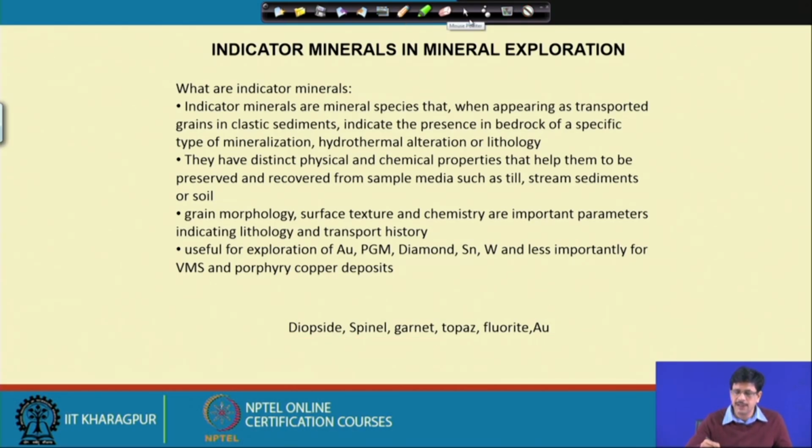These indicator minerals are likely to be dispersed in the area where the exposed kimberlite pipes are undergoing active erosion, and mostly in the obvious places, which will be the streams, in the form of stream sediments.